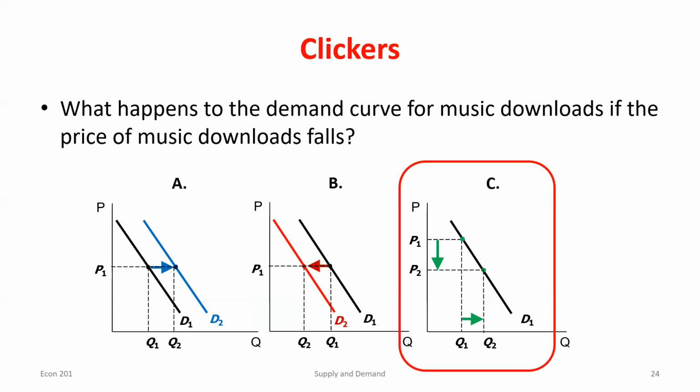So this is a key distinction. When you're thinking about a change in the price of the good you're looking at, you don't see a shift in the demand curve. The demand curve is telling you what the new quantity demanded will be at that new price. When these other things outside of the price of the good change, that's when we see the shifts in demand. So a change in the price of the good in the market you're looking at just changes where you are on the demand curve, or the quantity demanded.